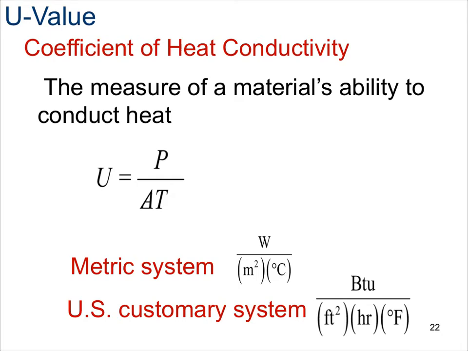The lower the number, the better the insulating performance. U values generally range from 0.1, which is very little heat loss, to 1.0, which is high heat loss. To calculate the U value, you take P, the rate of the energy being transferred, and divide it by the area times the change in temperature.